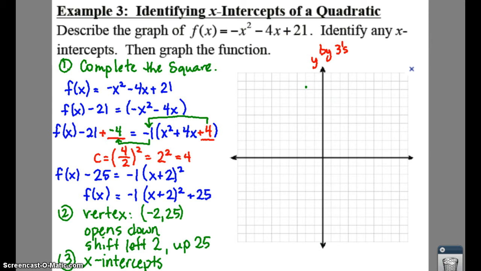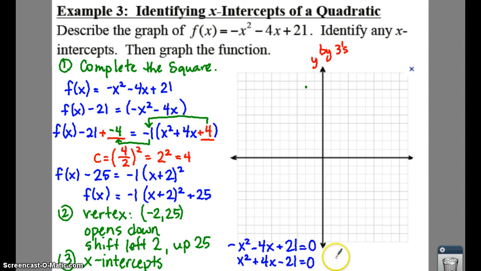So if we start off with negative x squared minus 4x plus 21 equals 0, if you divide everything by negative 1, that's just going to change your signs. So that becomes x squared plus 4x minus 21 equals 0.